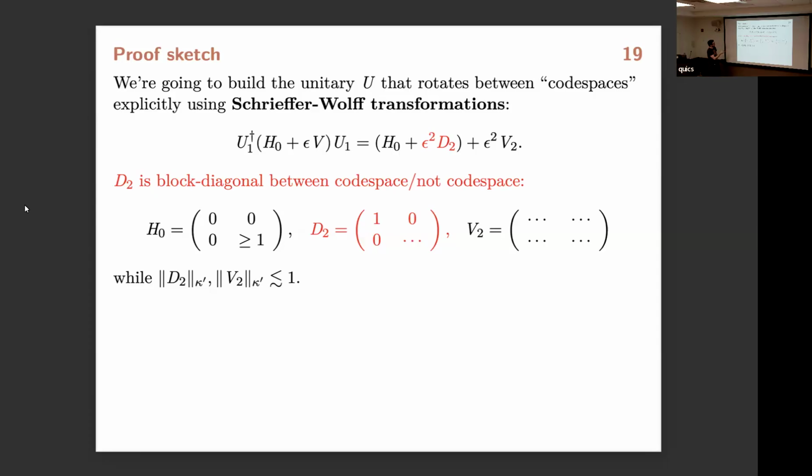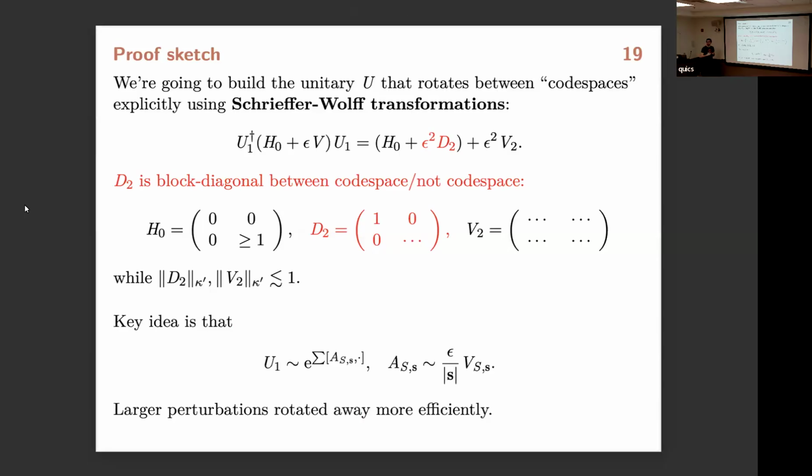And our goal is basically to do some rotation that makes the Hamiltonian block diagonal between the code states and the excited states. And then there will still be some perturbation that mixes them, but it will be at a lower order in perturbation theory. And again, we want this D2 and V2 to still be local in this computer science Q-local sense.